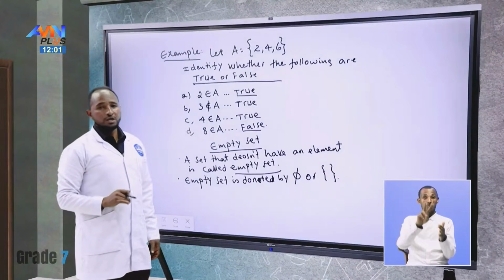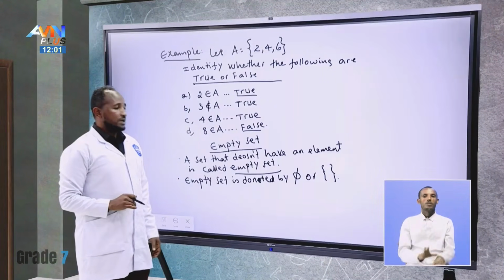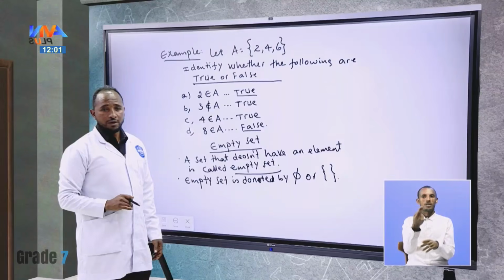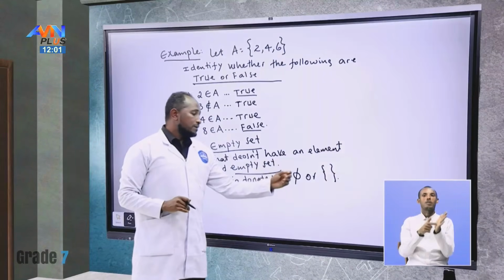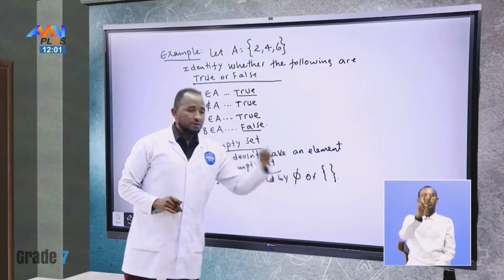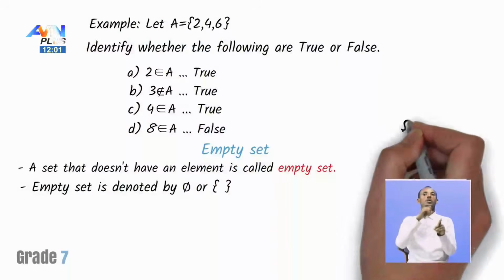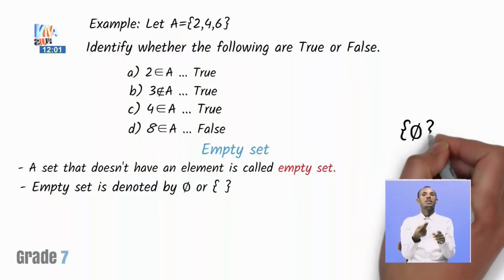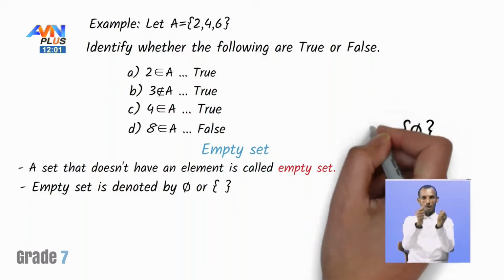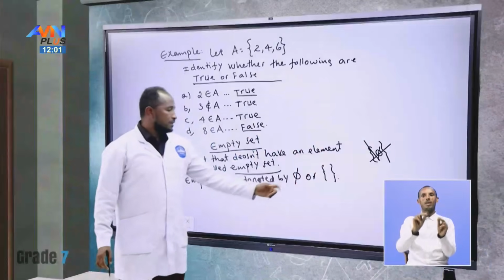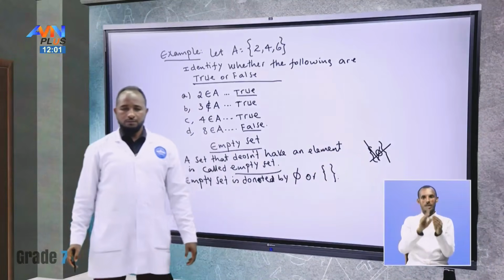Please, students, be careful when you use the empty set symbol. You have to use either this symbol or this one. Don't use the symbols together like this. This is not an empty set. The empty set is either this symbol or this one.